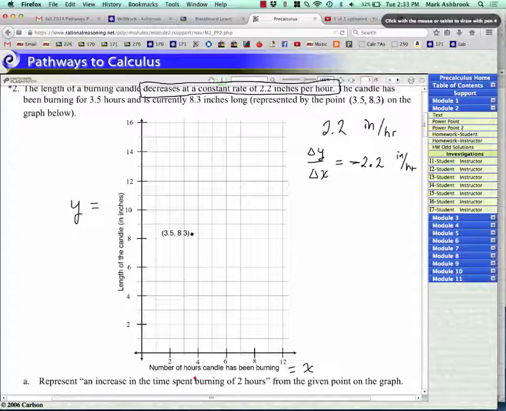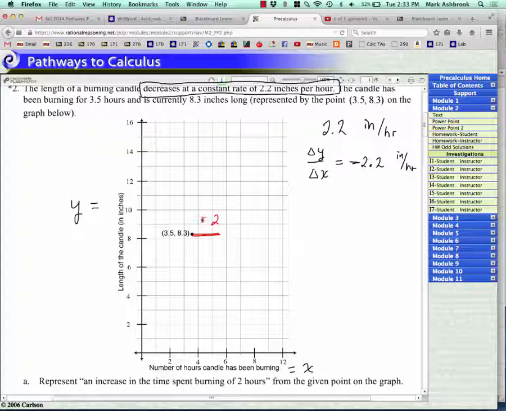Time spent burning, an increase in the time spent burning. So that's going to be horizontal. That's our x quantity. If we want to increase, it's going to go right.